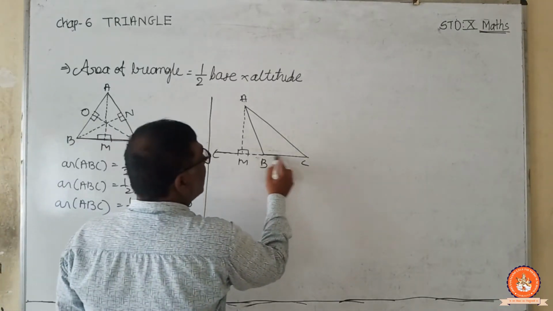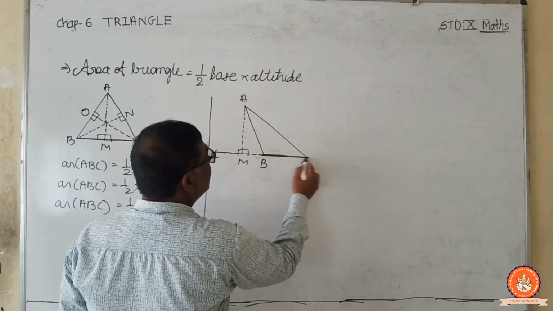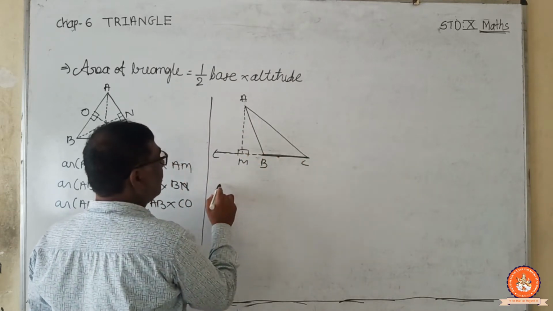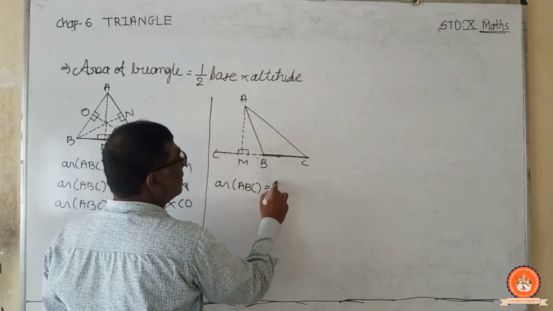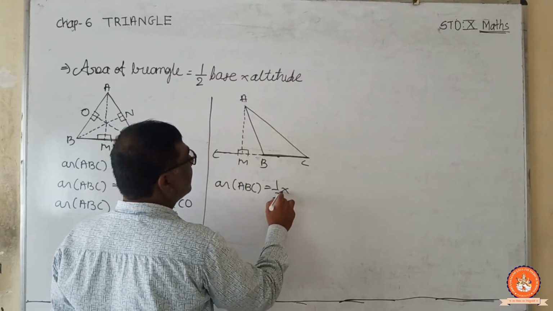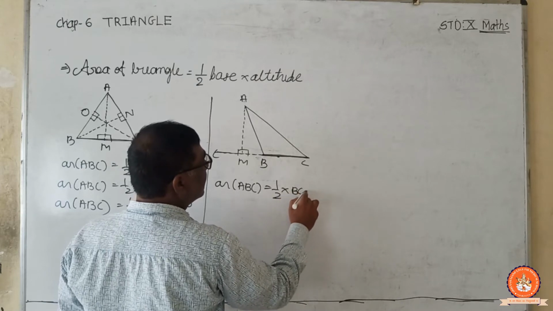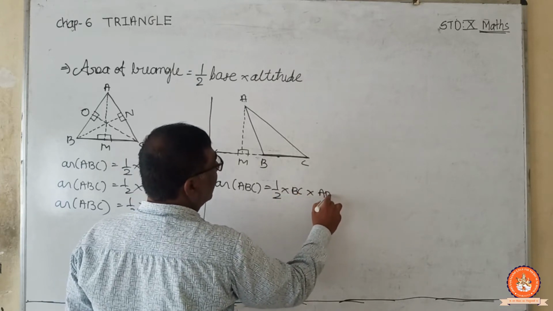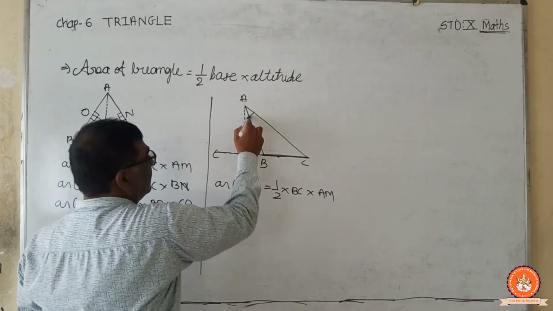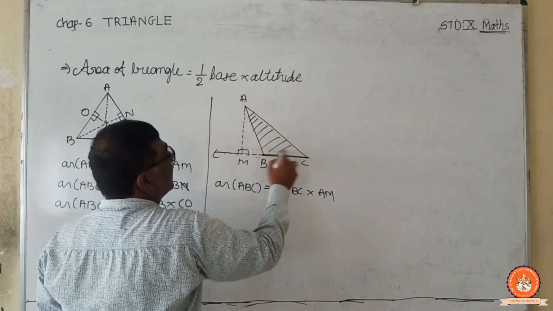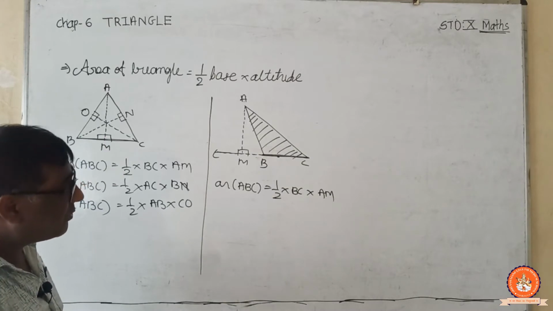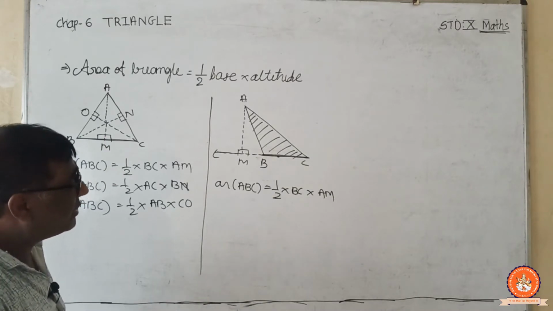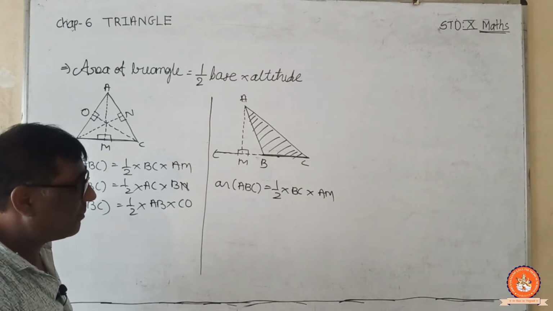So here also the corresponding base BC is here and altitude here. So we can write area of triangle ABC is equal to half into base BC into altitude AM.